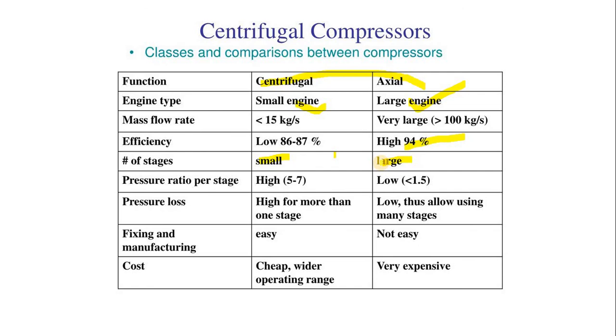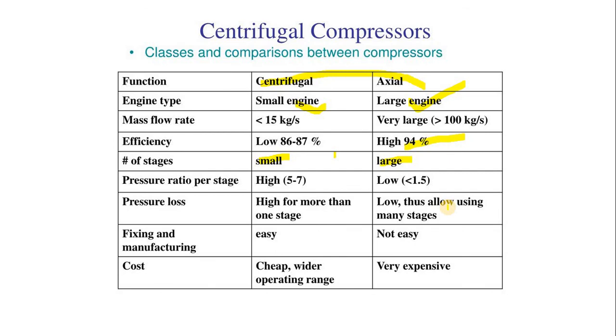The pressure ratio per stage is between 5 to 7 for the centrifugal, and definitely the pressure ratio is low for the axial, up to 1.5 or below. The pressure loss is high for more than one stage in the centrifugal, and it is low in the axial, thus allowing many stages. So that's the main reason we use the axial compressor for high capacity or multi-stage applications as compared with the centrifugal, because the pressure loss is less in the axial flow compressor and high in the centrifugal compressor.